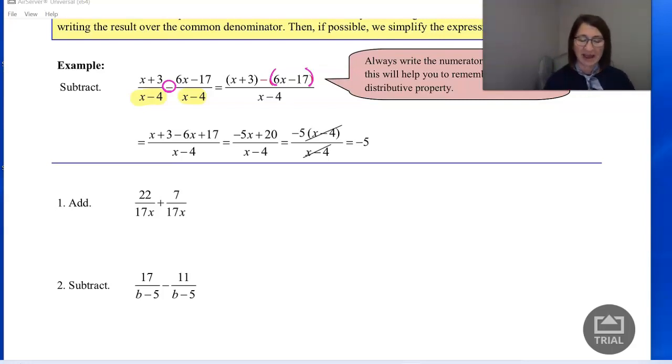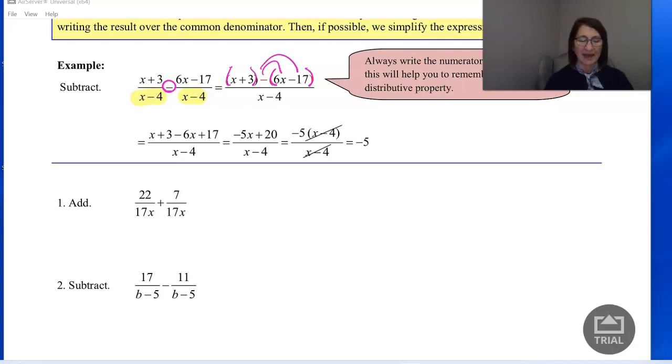You can just out of habit put them around the first one too, just so you get used to it. But we want to make sure that with that second binomial we don't mess up our signs. And that would be the purpose of the parentheses. So remember to distribute that subtraction sign. When we distribute, it's going to flip the signs.